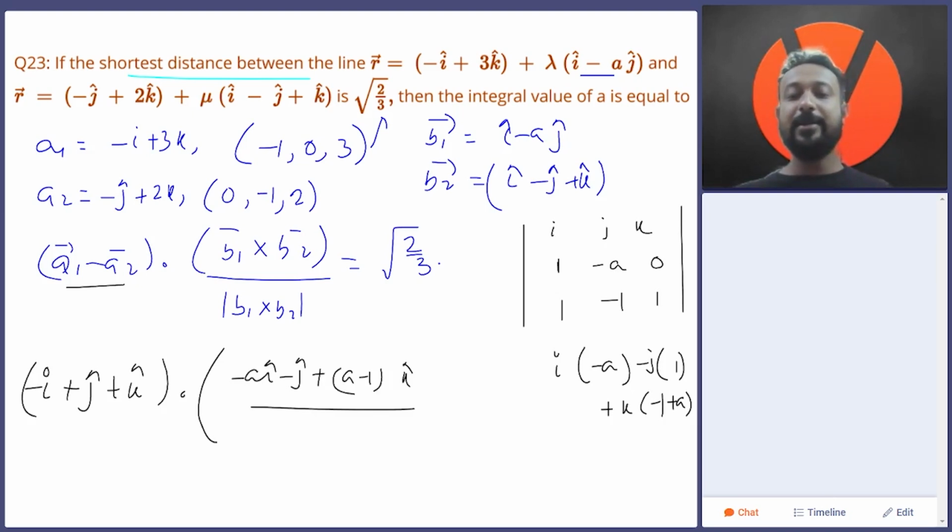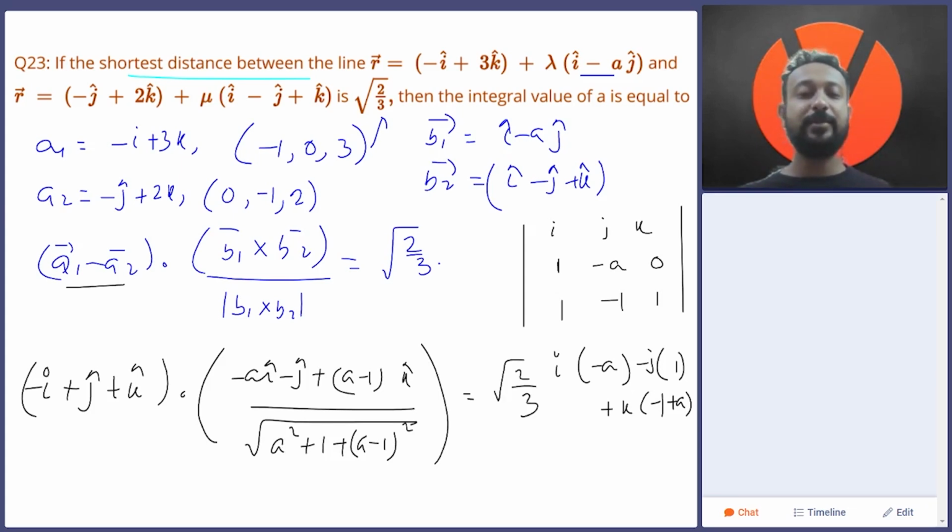Correct? Divided by under root, obviously, a square plus 1 plus a minus 1 whole square. Okay, beta? That will be equal to how much? Root of 2 by 3. Simple. So if we just multiply, now job is simple now. So i into i will just multiply how much? Minus a into minus 1 is giving you a. So I think giving you minus 1 plus a minus 1. Clear? Okay, sir.